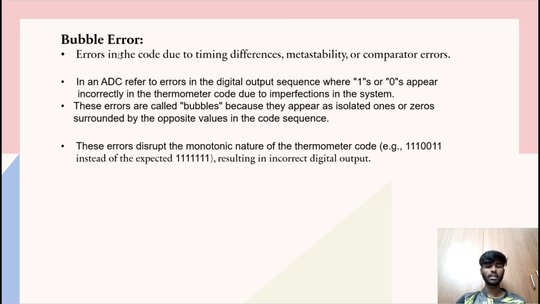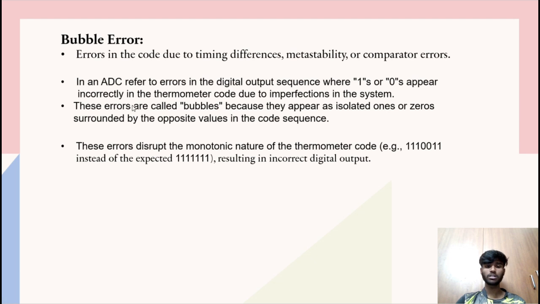Bubble error. A bubble error in an ADC, caused by timing differences, metastability or comparator errors, refers to an error in the digital output sequence where ones or zeros appear incorrectly in the thermometer code due to imperfections in the system.